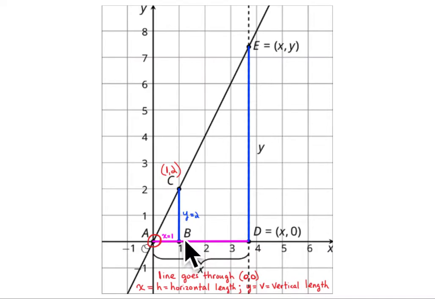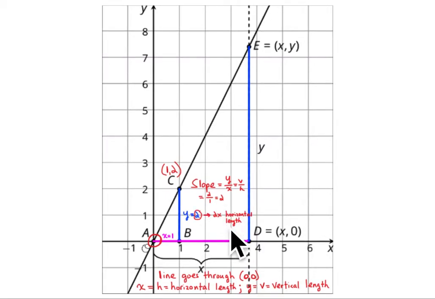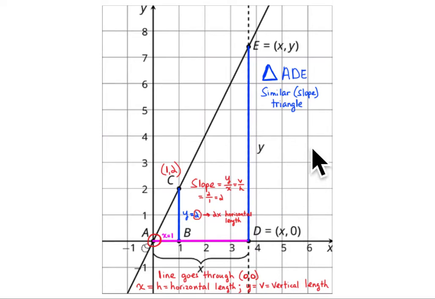The vertical length is twice as long as the horizontal length. So the slope is 2 to 1, or 2. Using that, 2 times the x value is equal to y, so 2 times the horizontal length. Using that, I can write the equation.